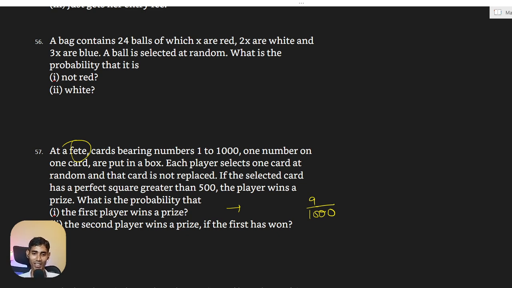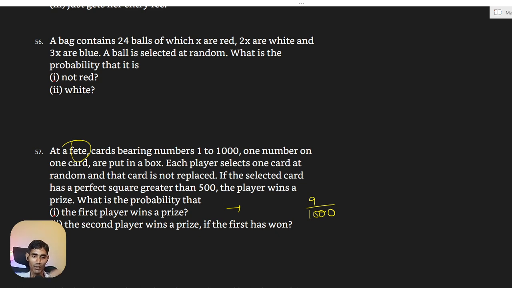Something is updating in background and I can't close it. 9 by 1000. So there are 9 numbers after 500. Okay.